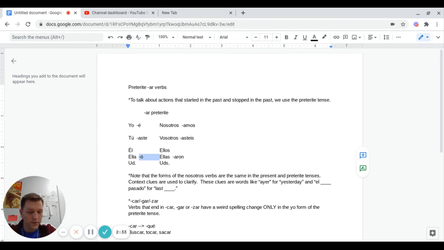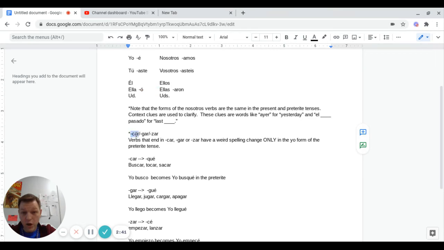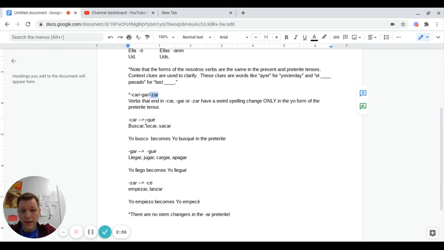We've got one more section of stuff today, and that's on car-gar-zar verbs. Car-gar-zar verbs are verbs that end in the letters car, gar, or zar. And these three types of verbs have a weird spelling change in the yo form of the preterite. Take a look. I've listed some of the common car verbs, like buscar, tocar, and sacar.